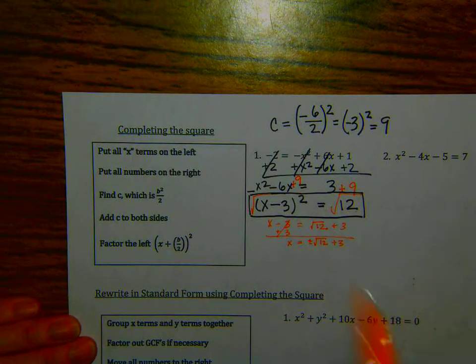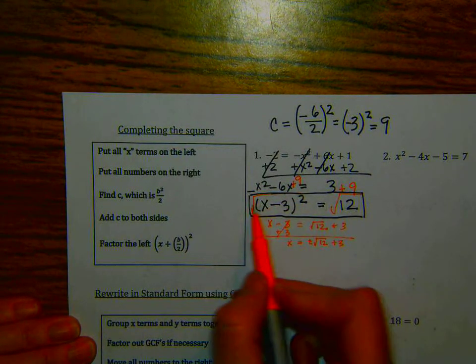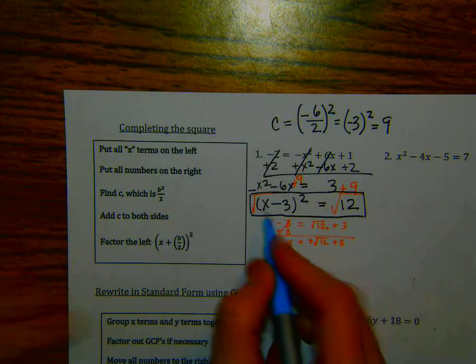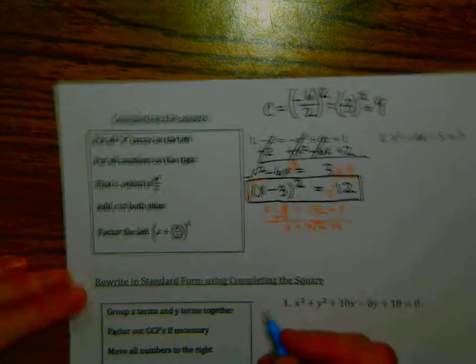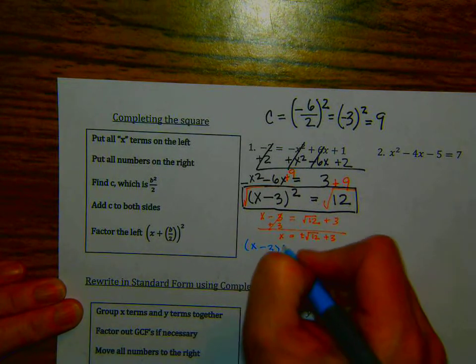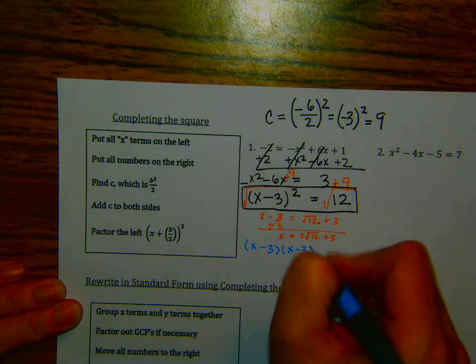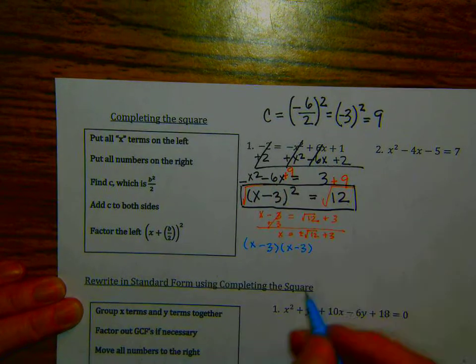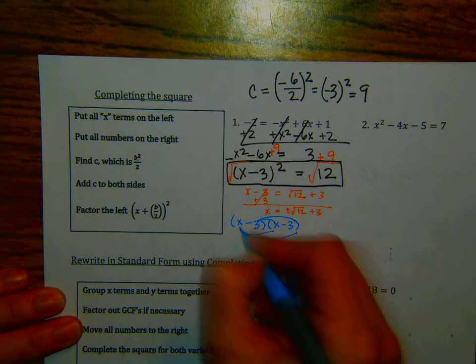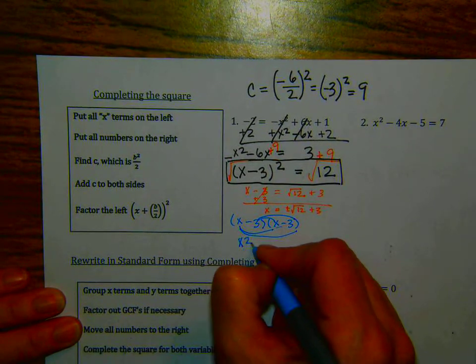Now, one thing I want to just point out one time, okay, is let's remind ourselves that this works every time. If I have x minus 3 times x minus 3, does it really equal x squared minus 6x plus 9? It sure does. First, outer, inner, last. X times x is x squared.